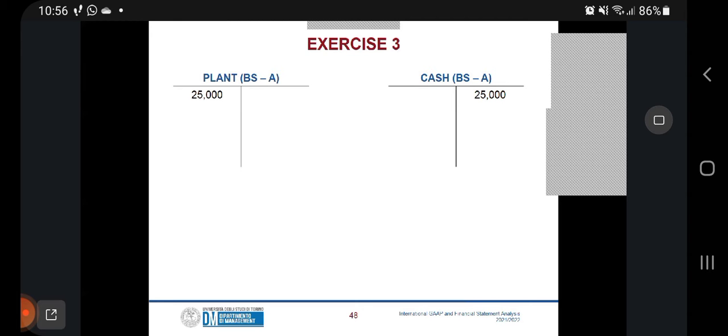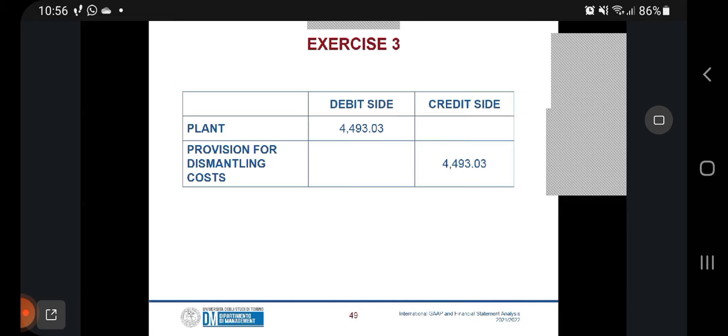But in order to achieve the value of approximately 29,000, we have to increase the value of the plant through this journal entry. Debit side is the increase of the plant for the present value of the dismantling cost, and then in order to hold the equation, you have to recognize the provision for the same amount, balance sheet liability side.